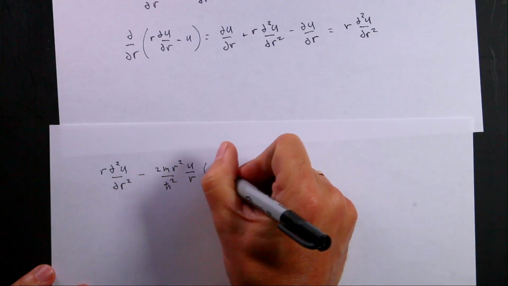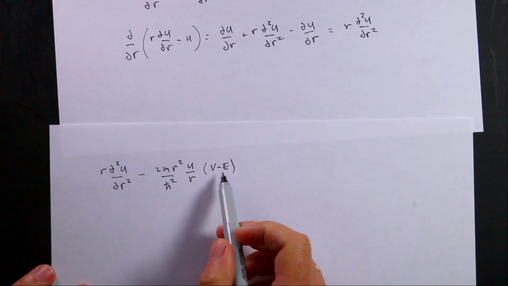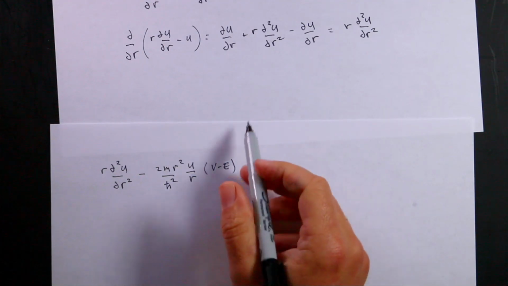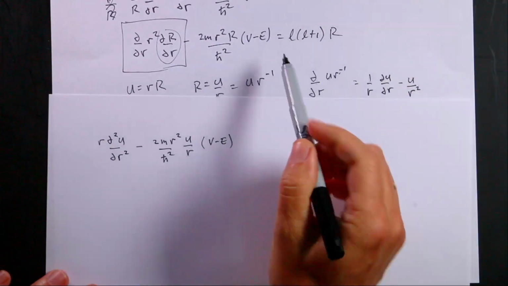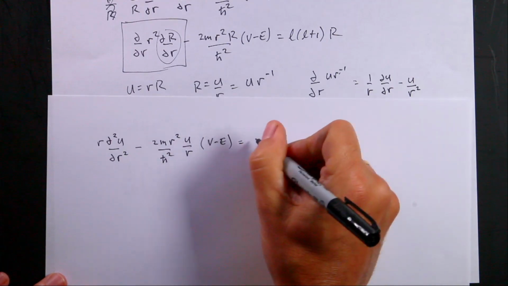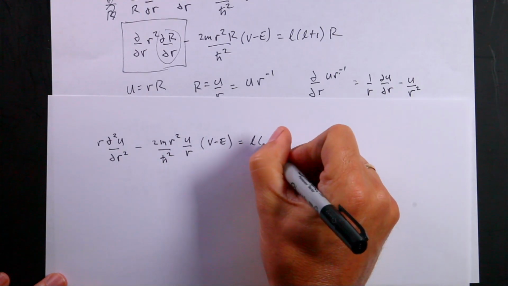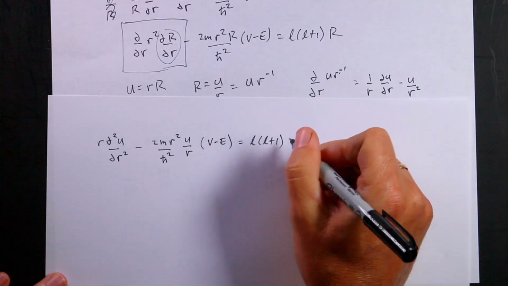And then I have v minus e, and remember, v depends on r. And then looking up here, I have equals L times L plus 1 times R, which is u over R.